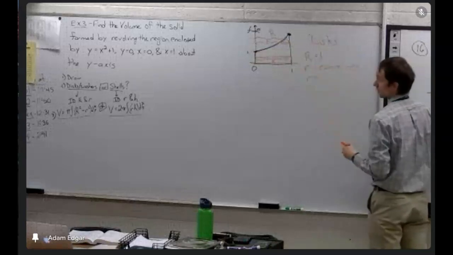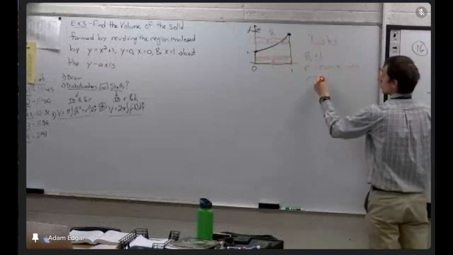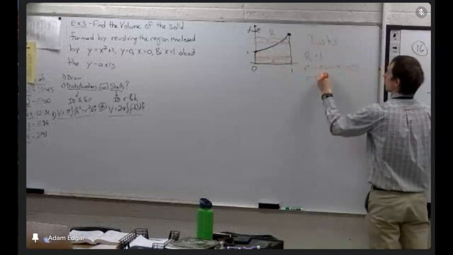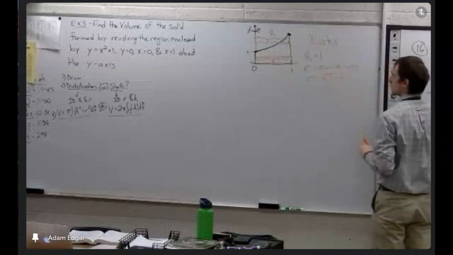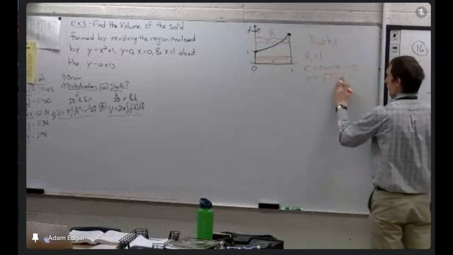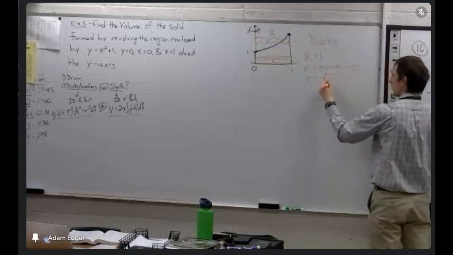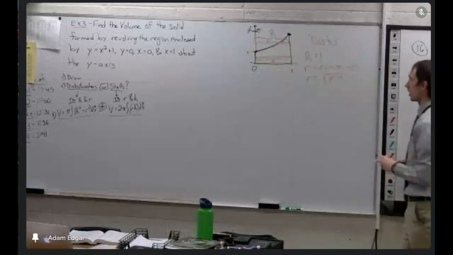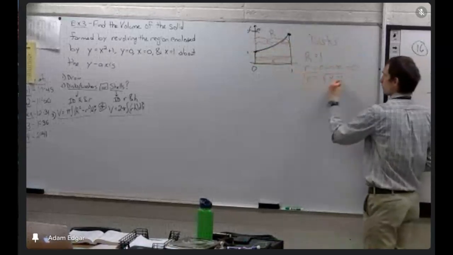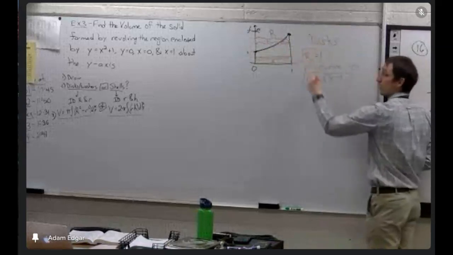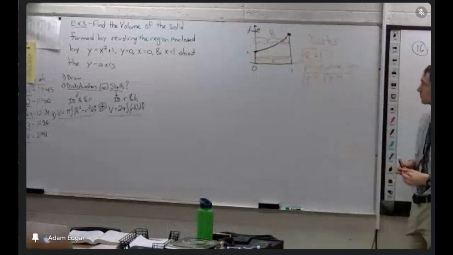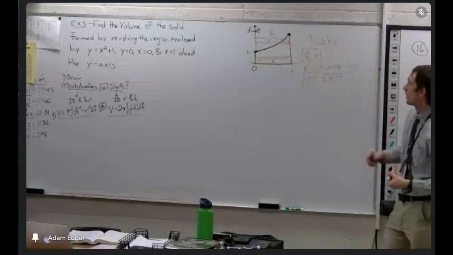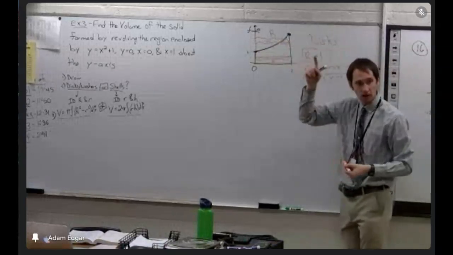It's going to be the square root of y minus 1. So the square root of y minus 1 is your r. Why are we in terms of y? Because we're doing discs revolving around the y-axis.